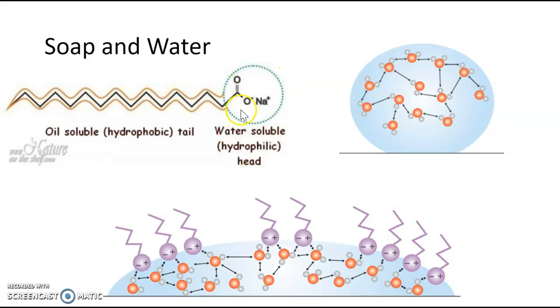Its head, though, is polar, has a double bonded oxygen. It's got an oxygen with a negative charge stuck to a cation, usually sodium. So this guy is charged and polar. So this part acts like a magnet, and this part does not act like a magnet. We know from experience or salad dressing that oil and water don't like to mix.